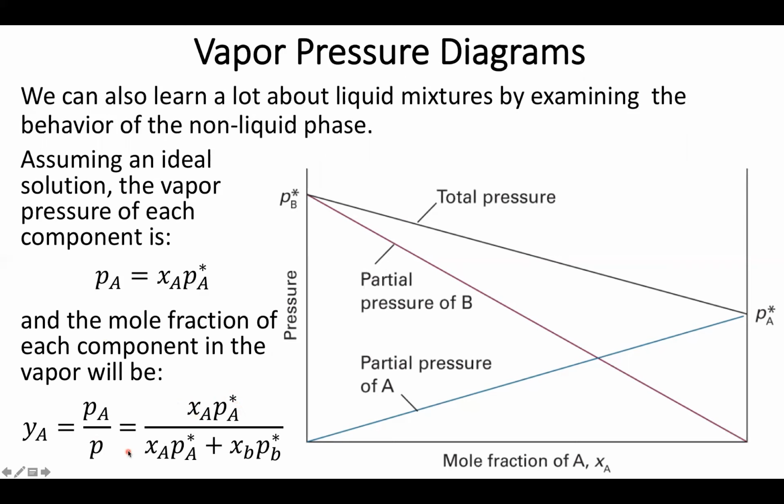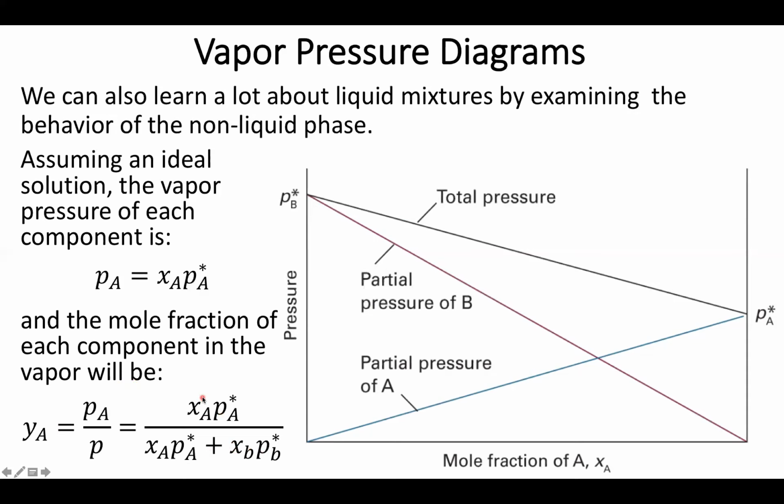Then we can divide that by the total pressure, which is the partial pressure of A and the same expression for the partial pressure of B. Thus, if I know the mole fraction of A, I can use that to determine the mole fraction of B, and then look up the vapor pressures of the pure systems. Ta-da! We know what the composition of the vapor is by knowing the composition of the liquid.